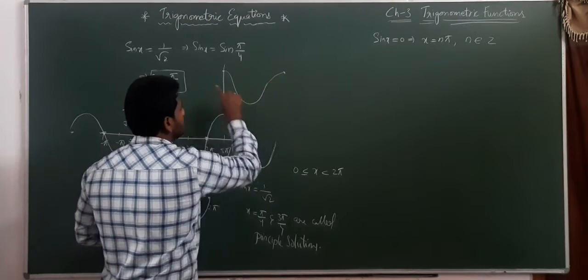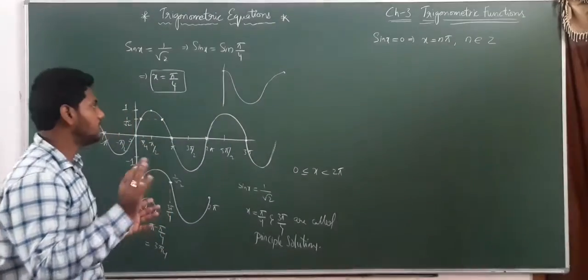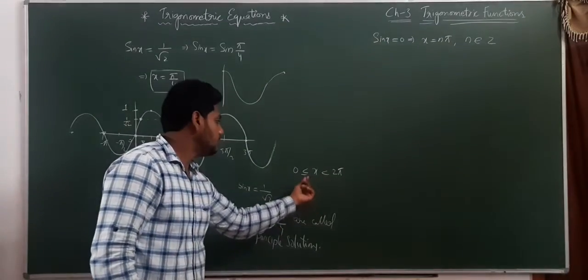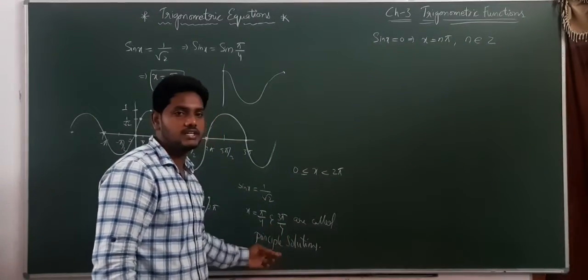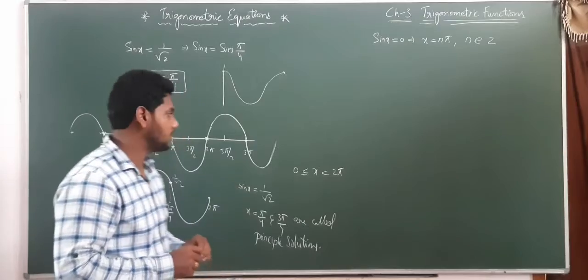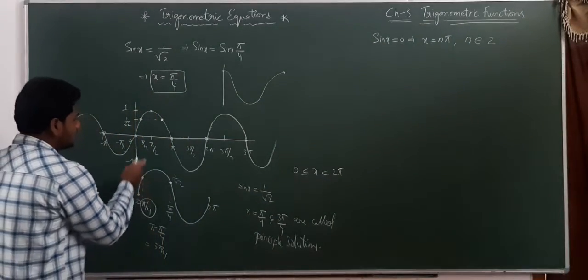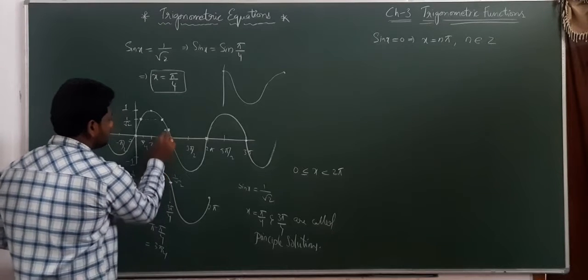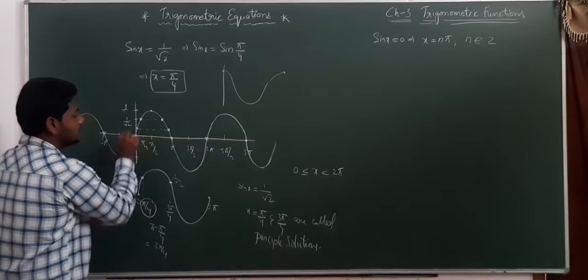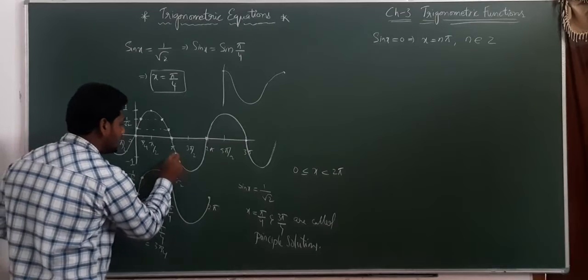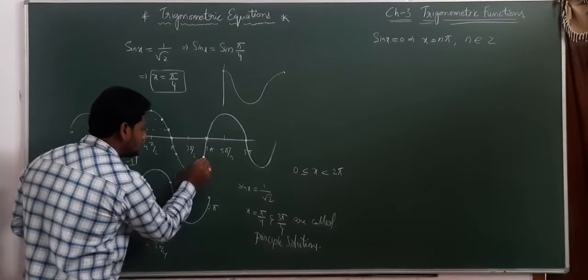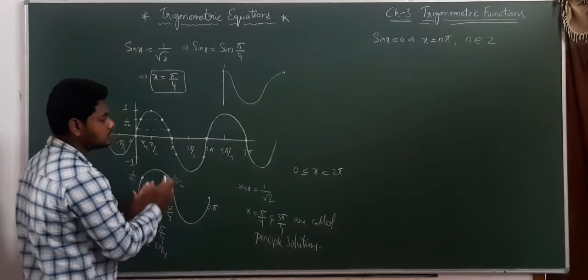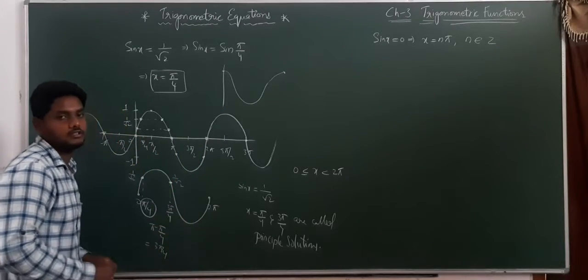So this is 0 to 2 pi, and for any function, cos, sin, tan, whatever it may be, from 0 to 2 pi, if we get two solutions, those two solutions we will consider as principal solutions, right? So did you understand this? For any value if you take, for example, here, again it will come here. If you take here, the same value we will get here. That means only from 0 to 2 pi. Those type of values we will consider as principal solutions.